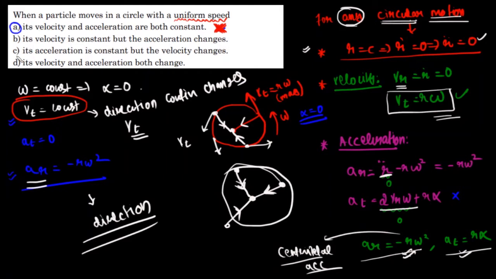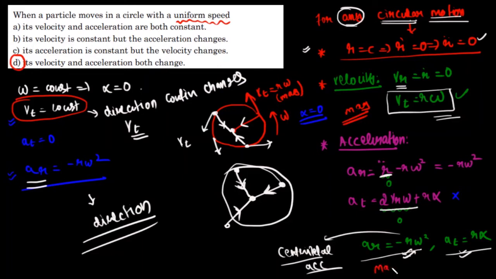So the correct answer for this question was option D. It is not option A. When a body undergoes circular motion at uniform speed, its both velocity and acceleration will change. Okay, accepted. Tangential acceleration is becoming zero, and radial velocity is anyways already zero. Tangential velocity's magnitude will be constant.